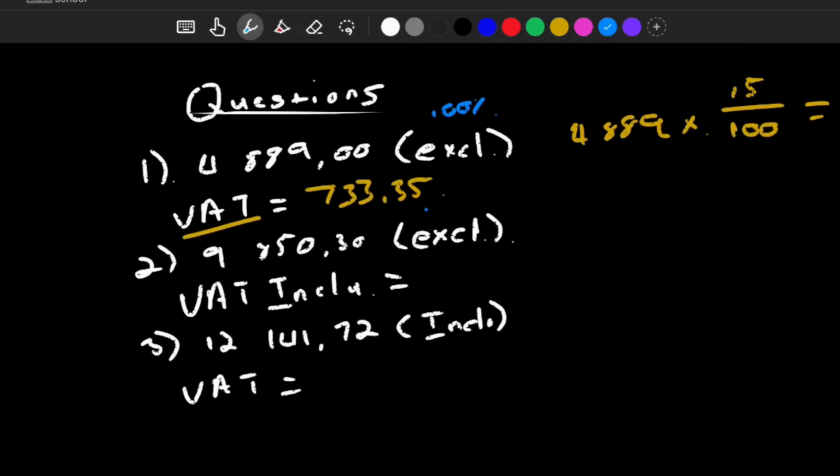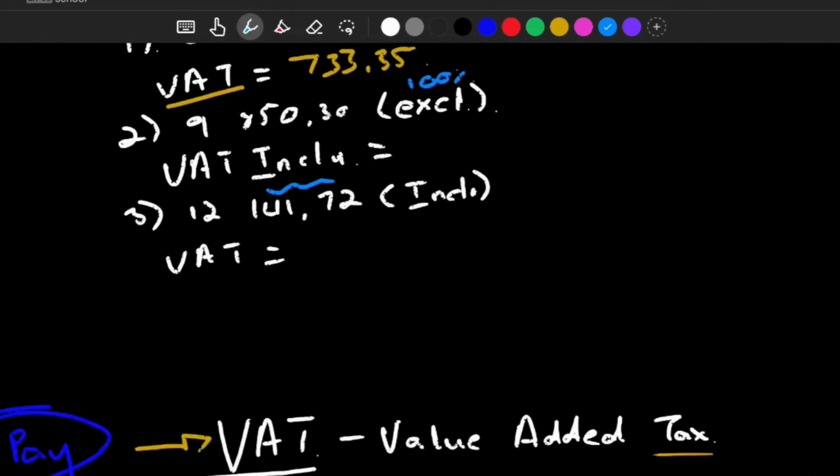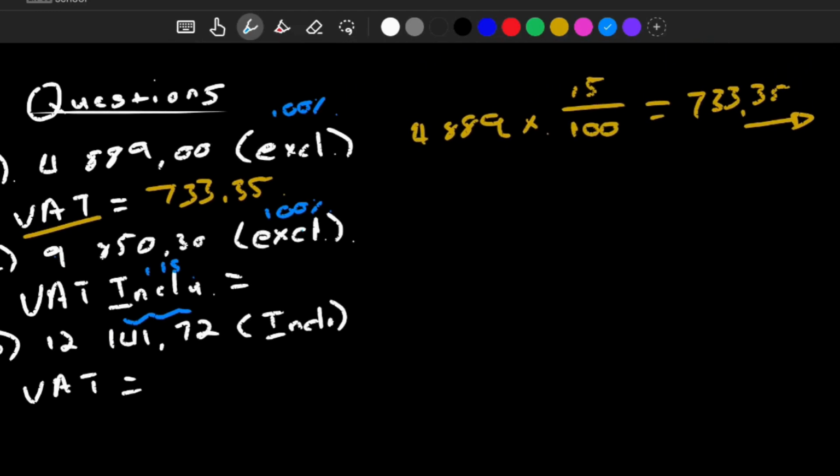So once again, we know it is 100%, but this time they want us to find the VAT inclusive amount. So the VAT inclusive amount we know is our 115%, right? So 100% is our known, which is the 9,000. The 115% is our unknown, which is the inclusive amount.